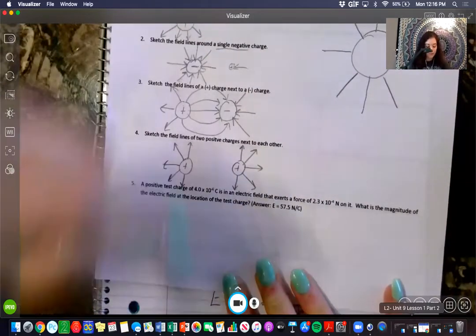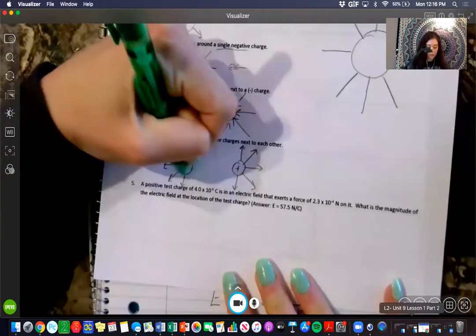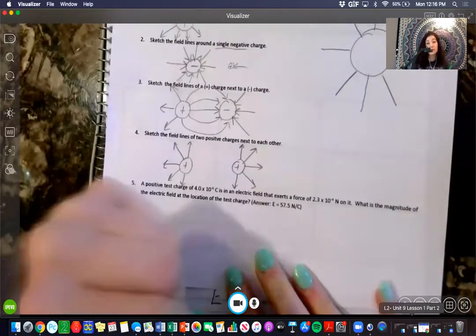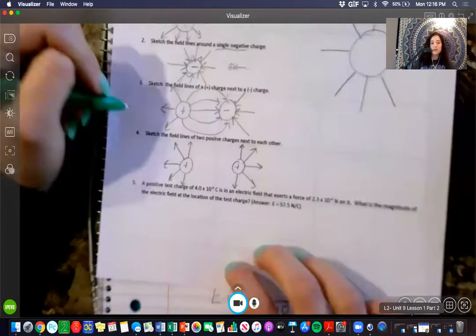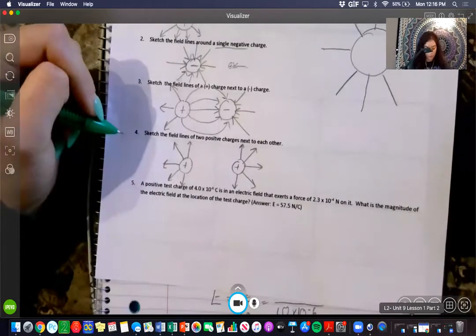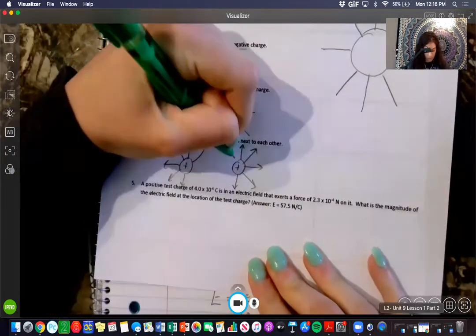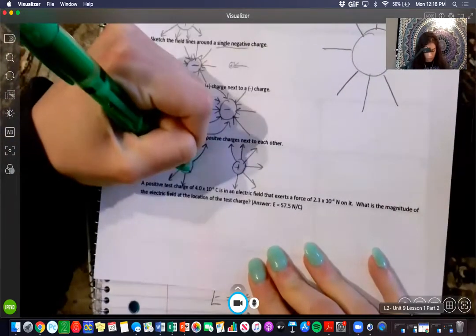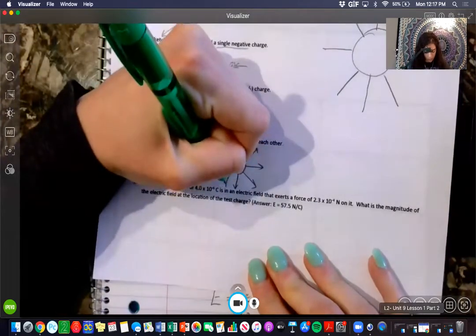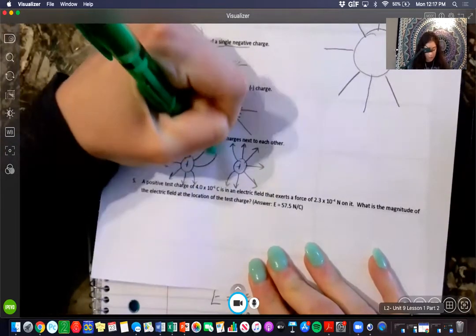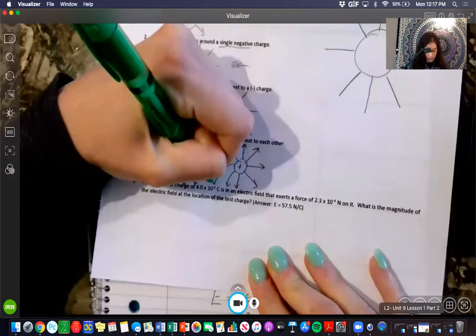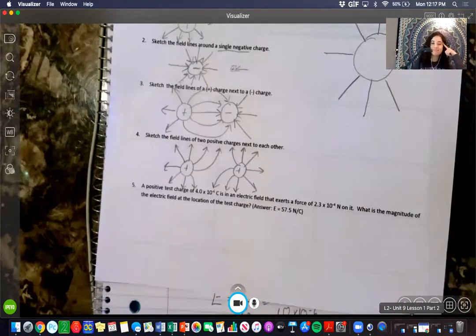Now, I need to draw a few more field lines for each of these, and I know they cannot crisscross. Because they cannot crisscross, I need to make them curve. And then for this last one, I'm going to make this one go up and then this one go down. Easy peasy.